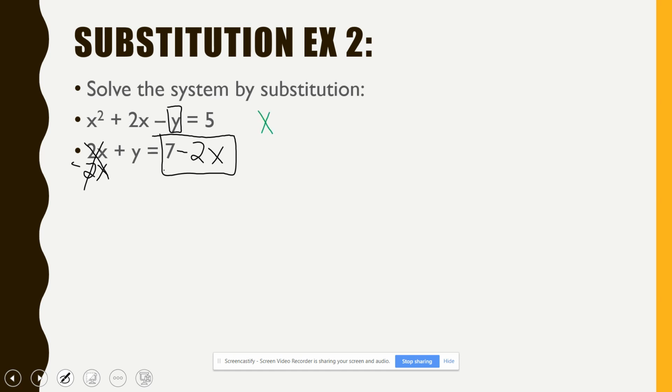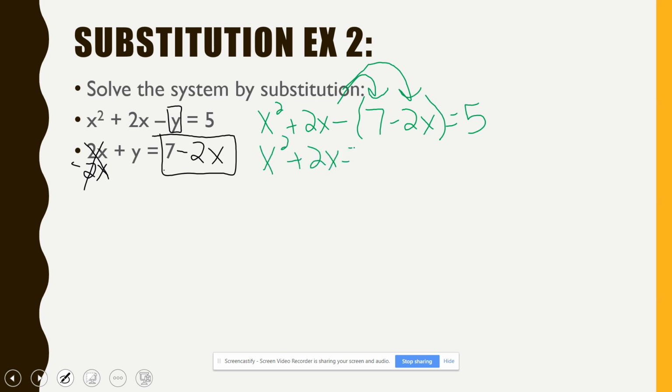That gives me x squared plus 2x minus, please don't forget that subtraction, (7 minus 2x) is equal to 5. And distribute my negative 1: x squared plus 2x minus 7 plus 2x is equal to 5.